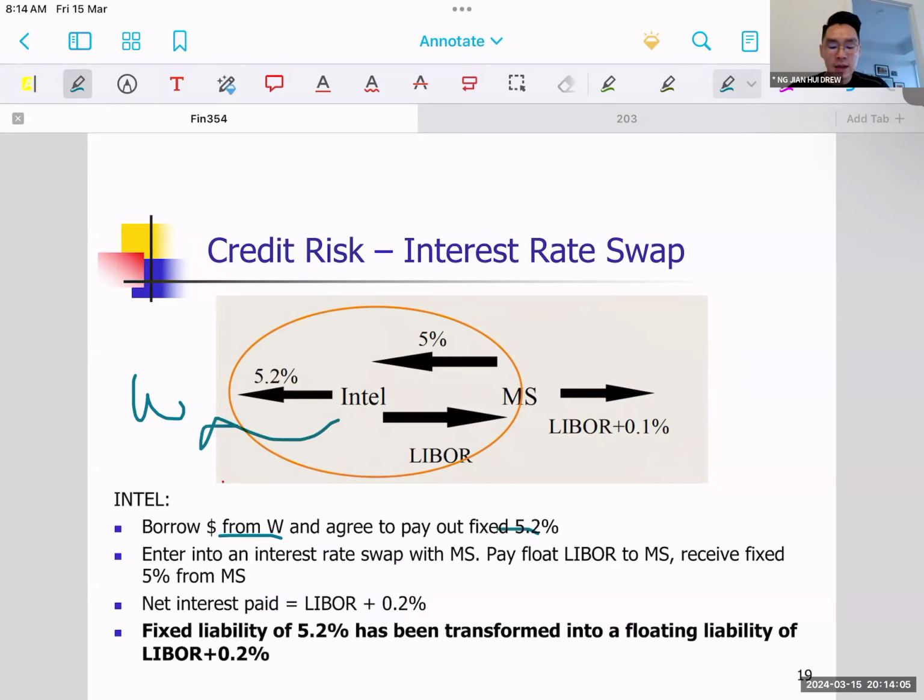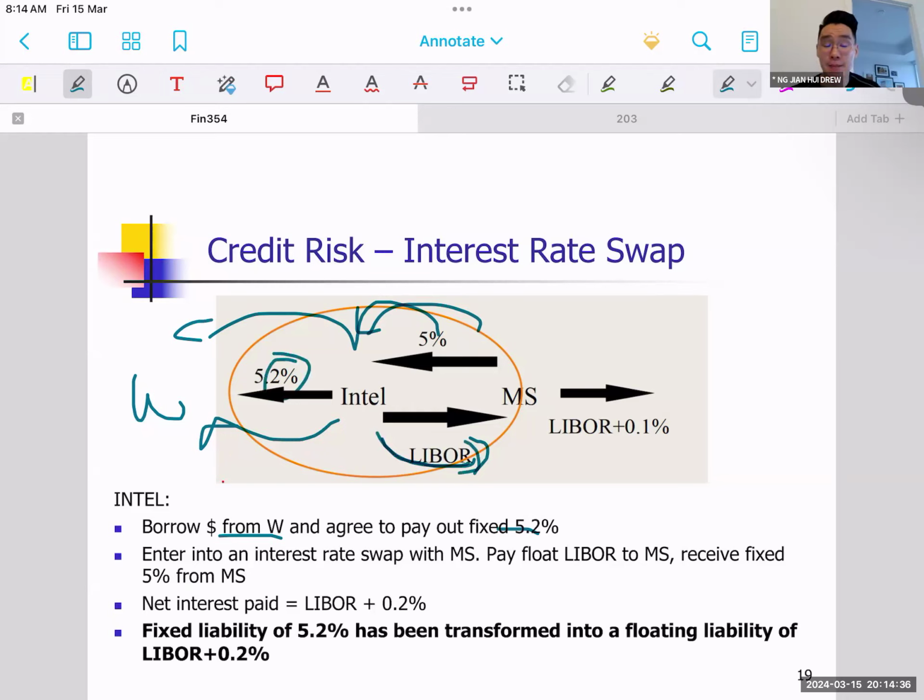Now, Intel has entered a swap with Microsoft and is paying Microsoft LIBOR, and Microsoft is in turn paying Intel 5%. On a net basis, what's happening? Your 5% becomes a pass-through, where Microsoft pays 5% to Intel, Intel pays 5% to W, and on a net basis, Intel simply has to pay LIBOR plus 0.2.